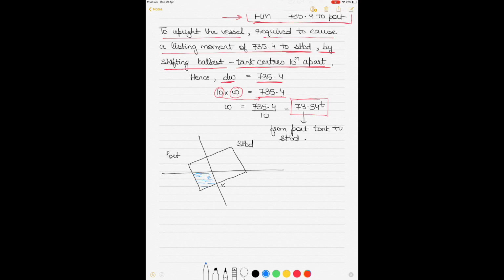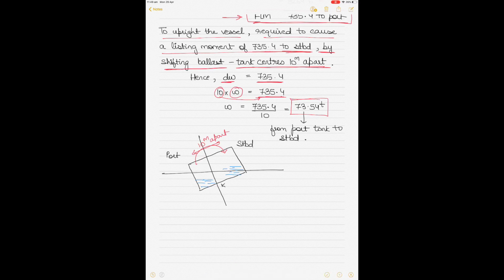The final listing moment was 735.4. When I shift 73.54 tons here from port to starboard through a distance of 10 meters apart, the starboard side will get some water and the port side will lose some water after the shifting, so the vessel will then become upright.